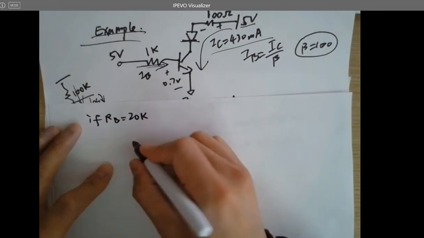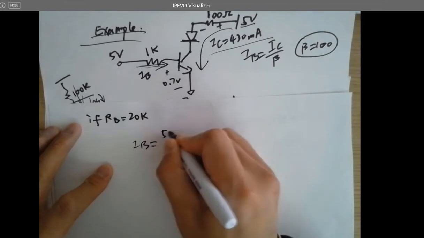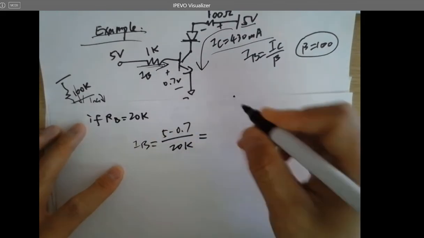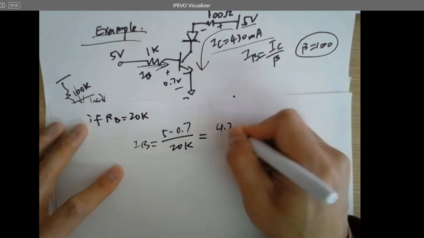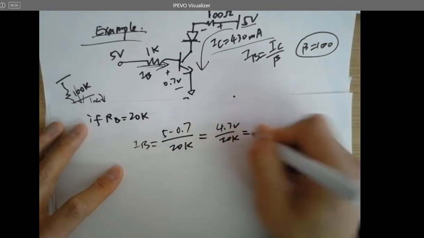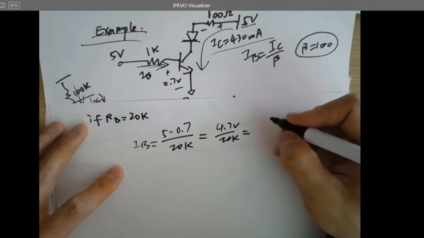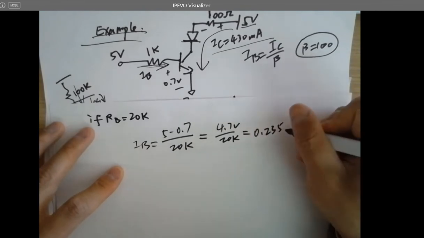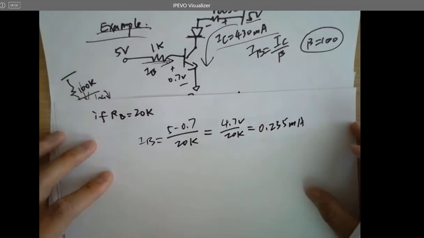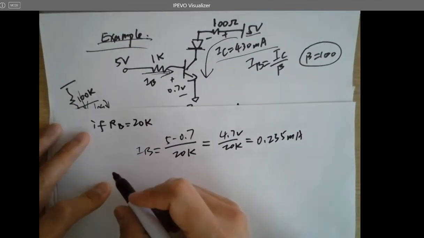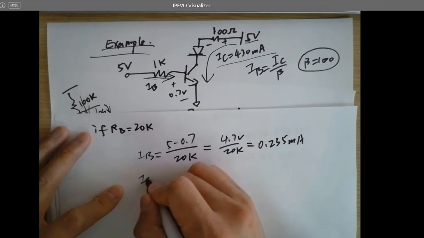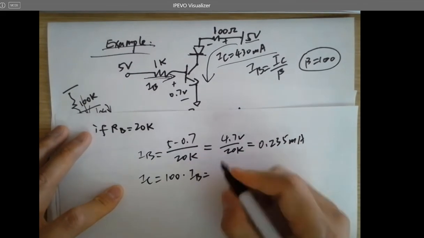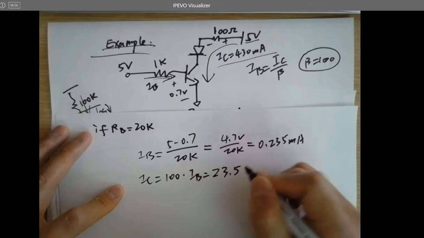Do the same thing, right? So what is IB? 5 minus 0.7 over 20K, which is 0.235 milliamps. So IC equals 100 times IB, which is 23.5 milliamps.